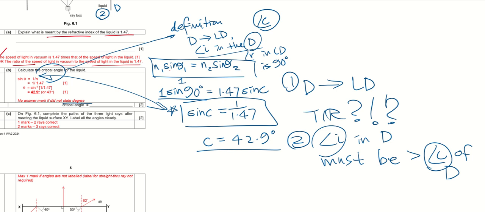It depends on how the light is reaching the surface. So if one of the incident rays causes an angle of incidence greater than this critical angle, which is 42.9, then there will be TIR, if the first condition is met, which is the light is traveling from denser to less dense.